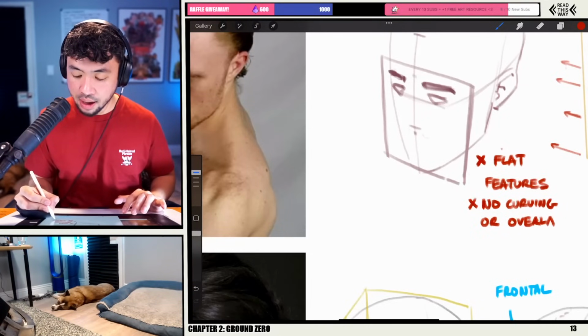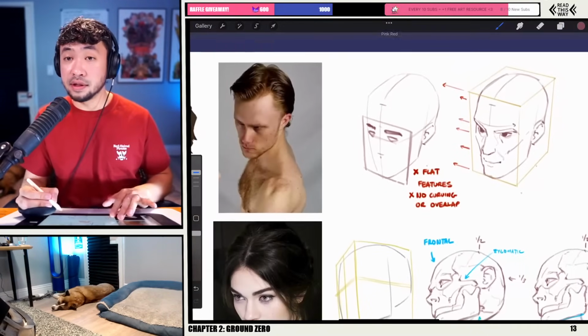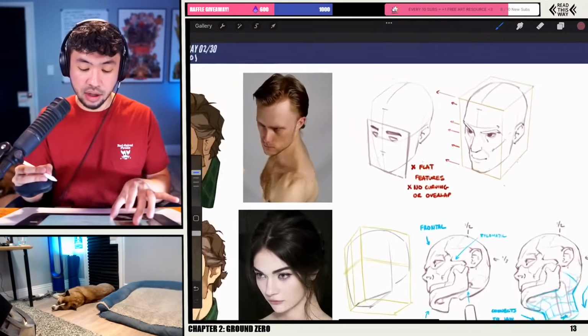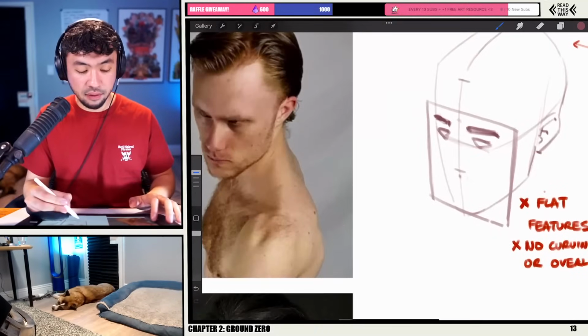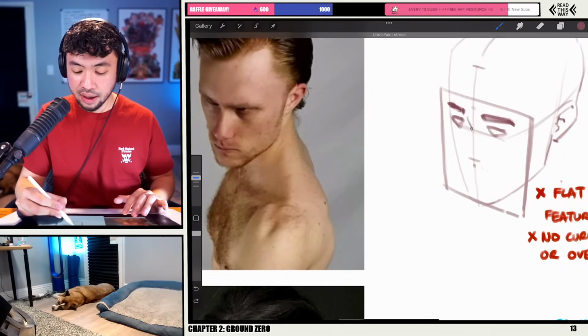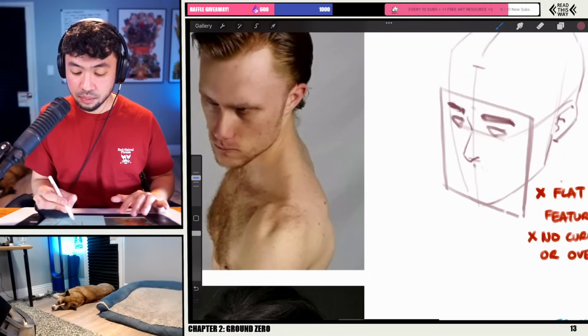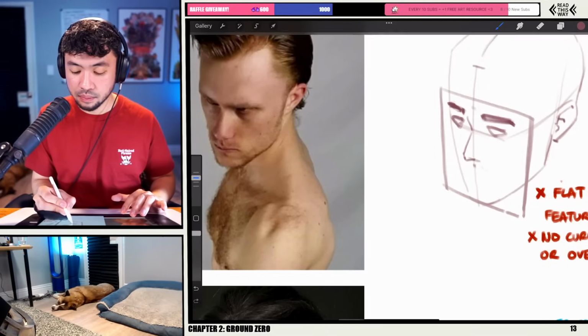And so you lose out on a lot of that depth. You want to make sure when you're drawing your faces, especially from these extreme angles, that you try to capture some of that energy that exists. Here's a nose.